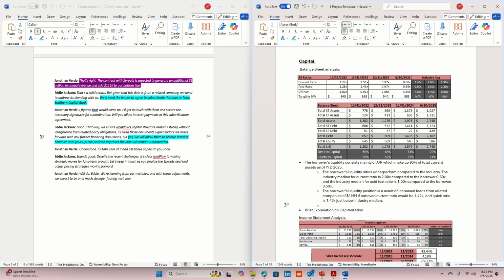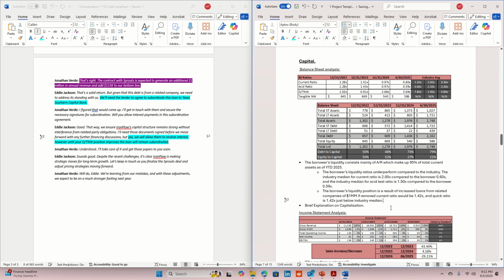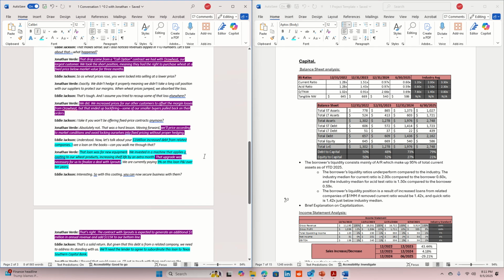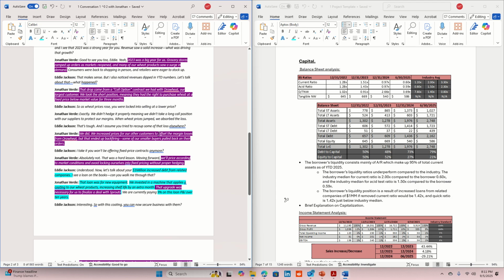Preferred stock is equity where you guarantee a distribution every single year, as opposed to common stock, where distributions are not guaranteed. So essentially, when we subordinate their debt to us, we're converting their debt into preferred stock, right?